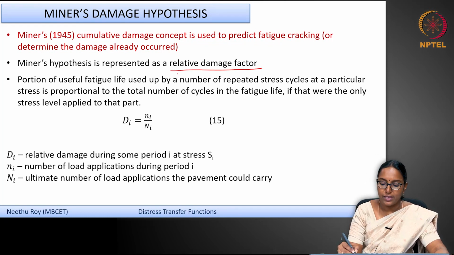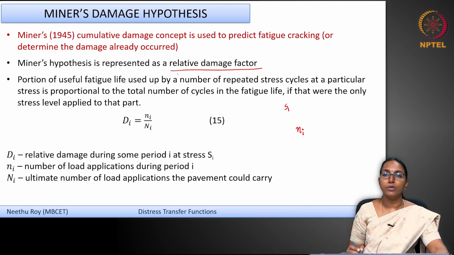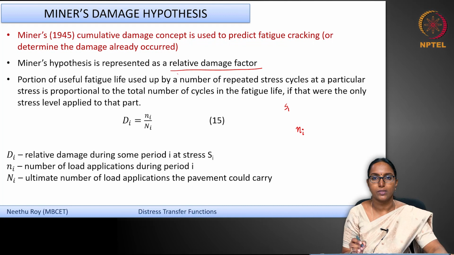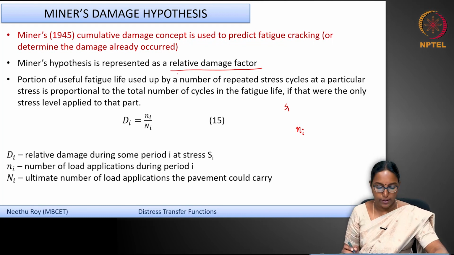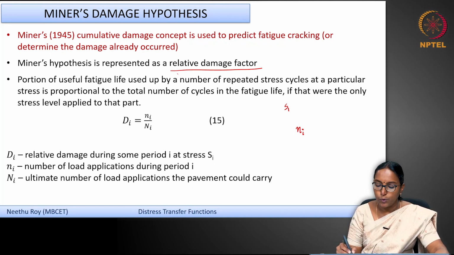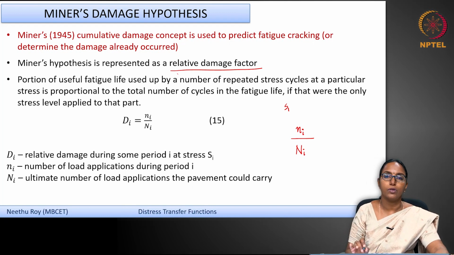That is, say for example, you have a stress level of S_i, and the small n_i represents the number of load applications of that stress level in a time i, and suppose only this stress level is being applied, capital N_i represents the total number of repetitions that can be applied before it comes to a failure.